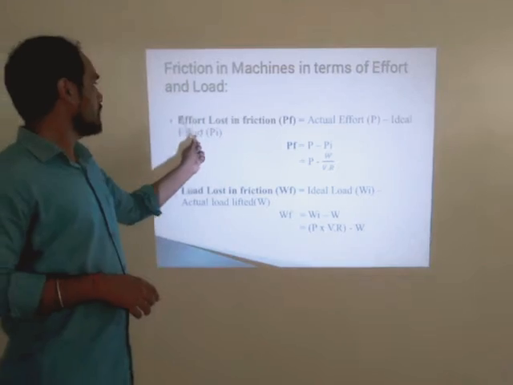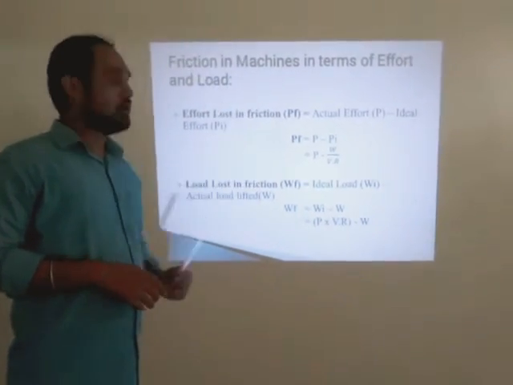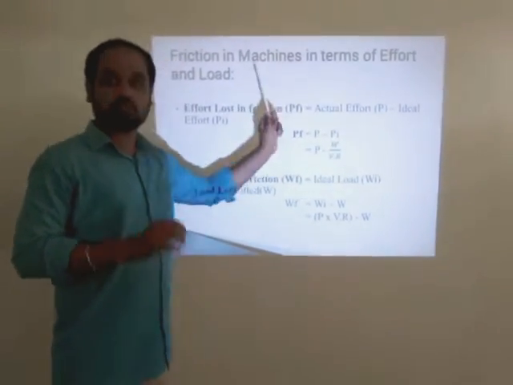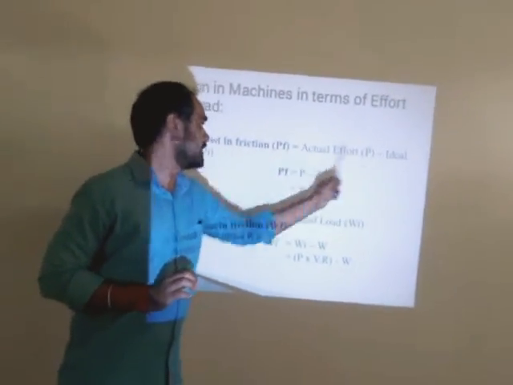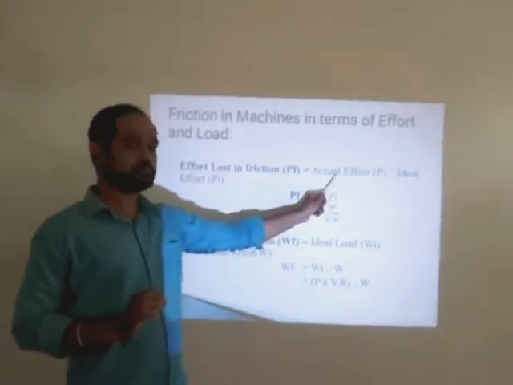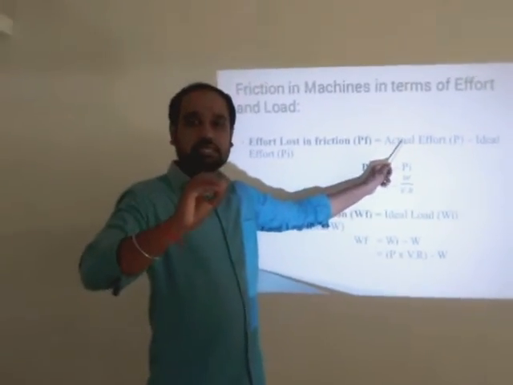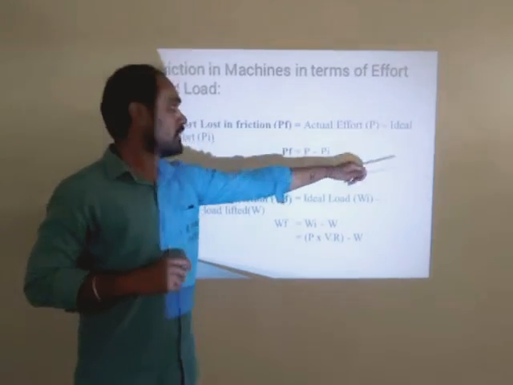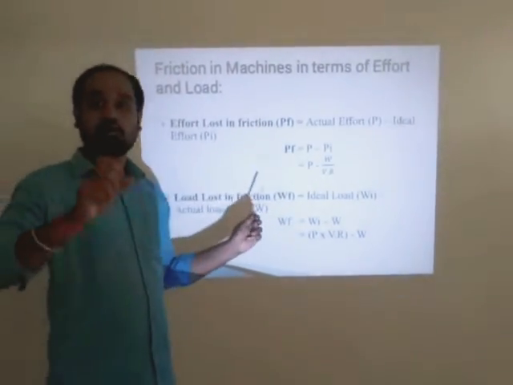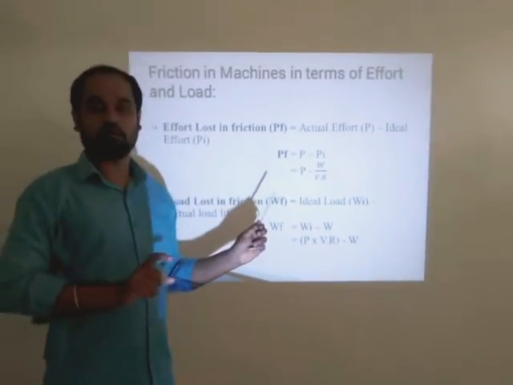Effort loss in friction is the actual effort minus the ideal effort. Actual effort means the effort in a regular machine, and ideal effort means the effort in an ideal machine.